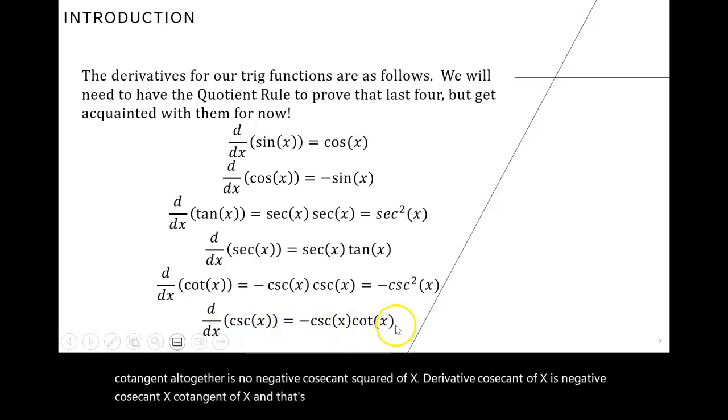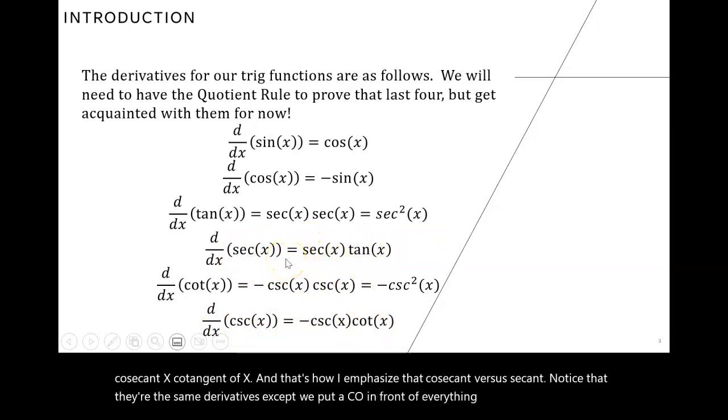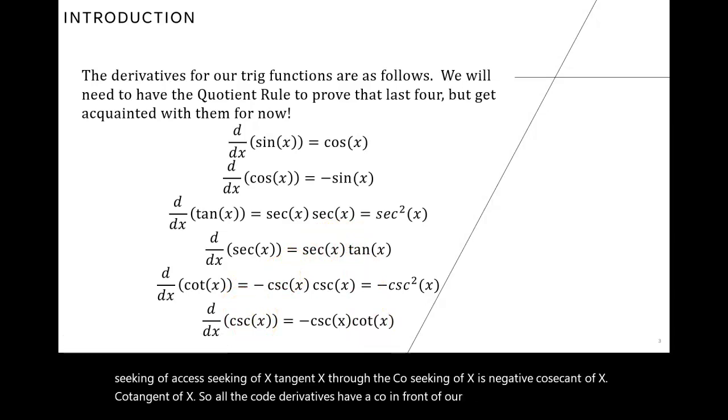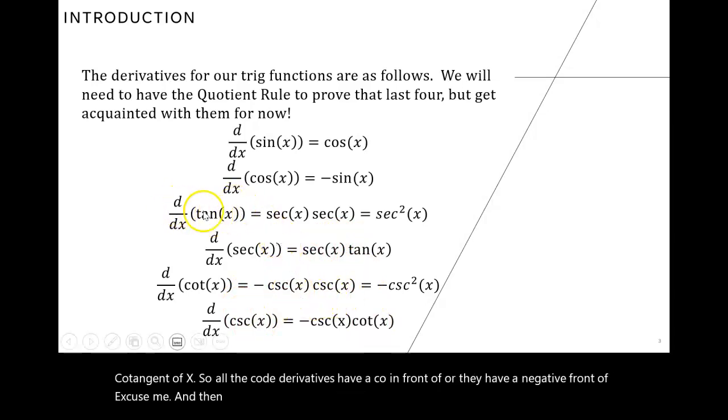Notice that they're the same derivatives as secant, except we put a co in front of everything. The derivative of secant of x is secant of x tangent of x, and the derivative of cosecant of x is negative cosecant of x cotangent of x. So all the co-derivatives have a negative in front of them, and there's a relationship between the derivatives of tangent and cotangent and secant and cosecant.